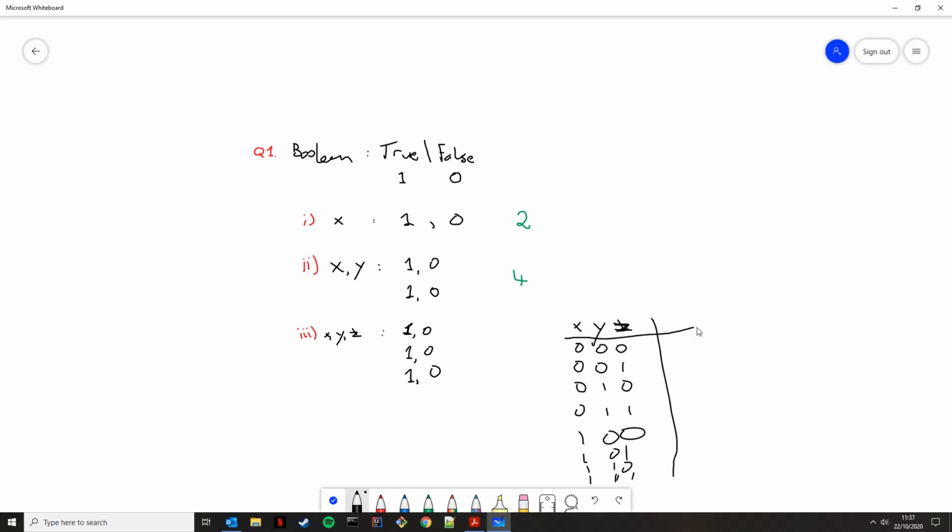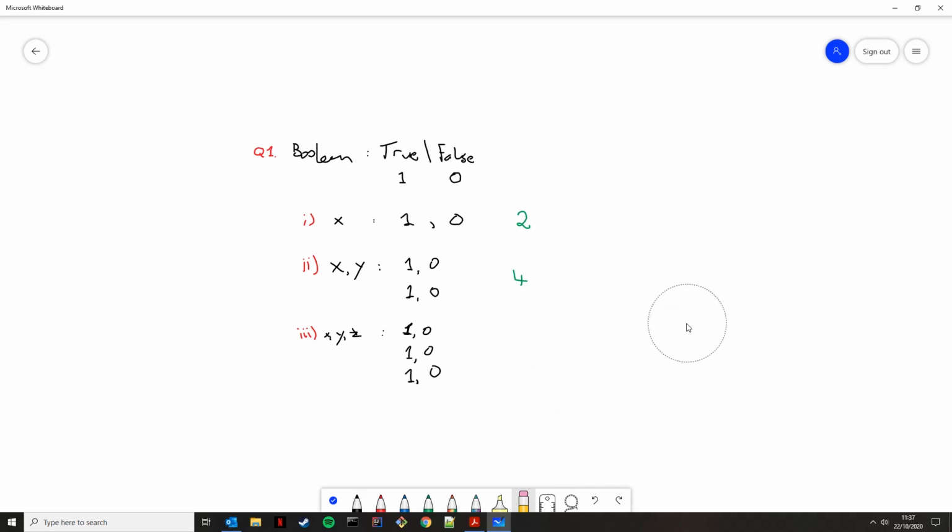So depending on your function, this could end up being 0, this could be 1, 0, 1, dot, dot, dot. That just depends on what function you're trying to get. So the actual answer is 8. What I'm basically trying to say is it's not 2 multiplied by the number of inputs.